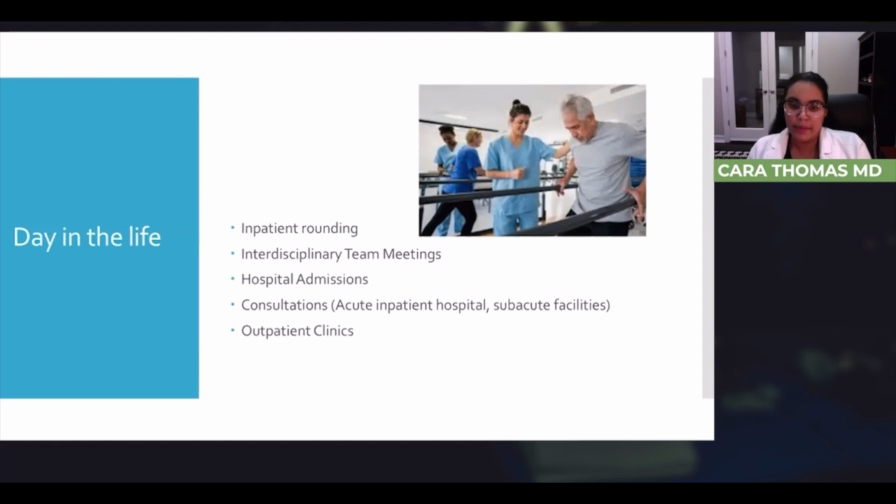It's really interesting. I will admit patients to the hospital, either from the acute hospital or sometimes even from home if they're having a change in function. Other services, whether it's ortho, trauma, or internal medicine, often put in consultations for pain management, or if someone has a spinal cord injury.